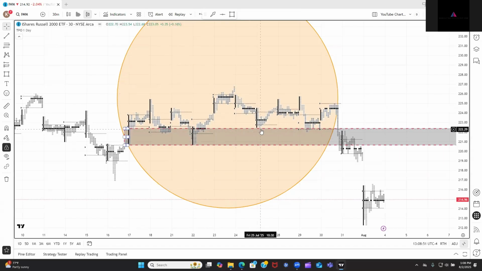Again, you can argue the 25th, come into it, maybe touching it, back up. And then again on the 29th, liquidity grab, liquidity rejection, back up higher. So buyers supporting, supporting, supporting, back up. So that's the real support and resistance or supply and demand.